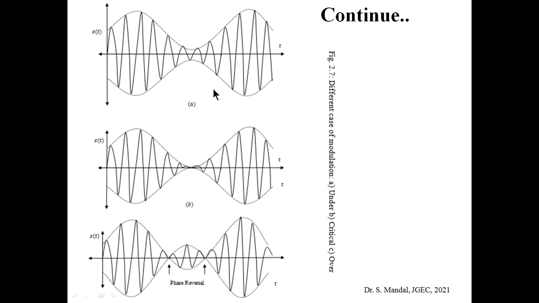We already know the time domain representation in the case of DSBFC looks like this. That means in the time domain representation, along the x-axis we plot t, and along the y-axis we plot the amplitude of s(t). This is the most conventional scenario of modulation, and this condition is basically the under modulation scenario.